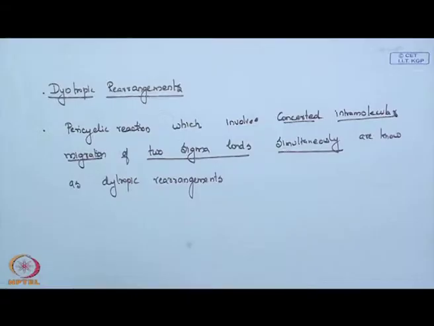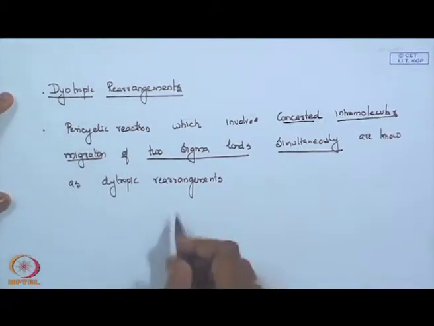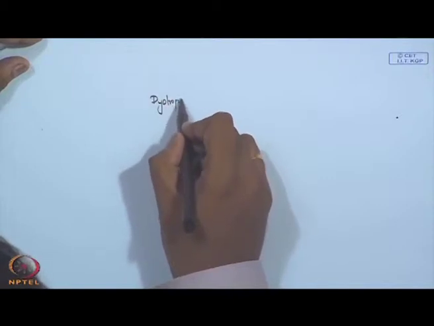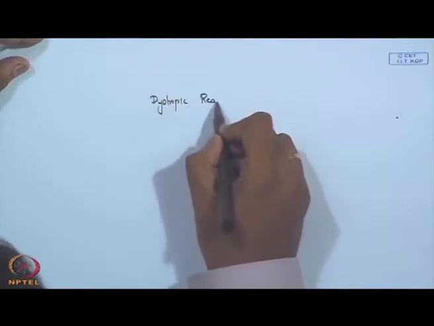Basically, dyotropic rearrangements can again be classified into two types, type 1 and type 2. In type 1, two migrating groups interchange their relative position. That is one case.